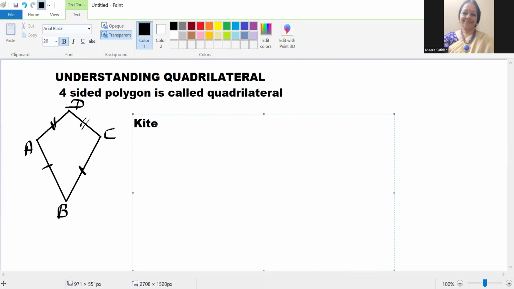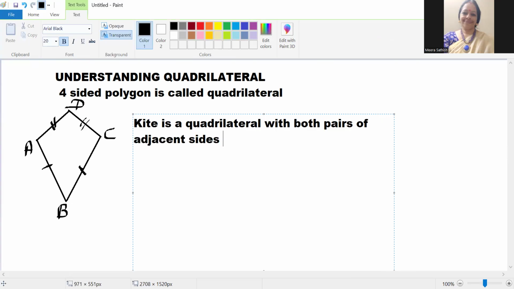So what is a kite? A kite is a quadrilateral with both pairs of adjacent sides equal. That means AB equals BC and AD equals CD.